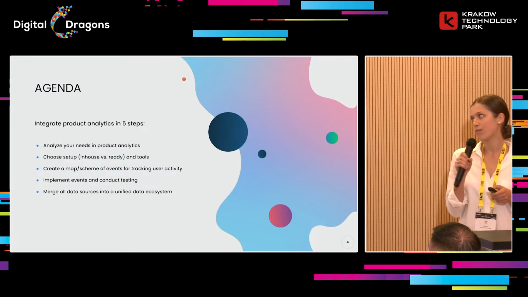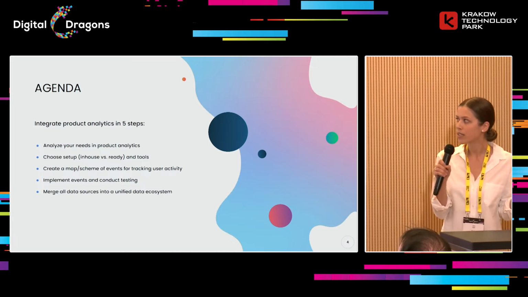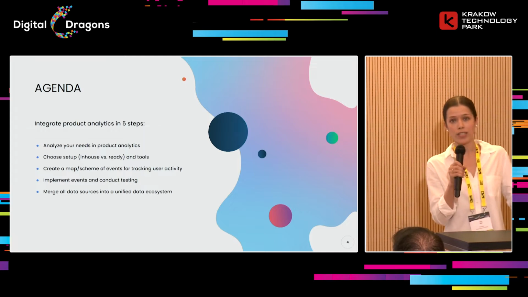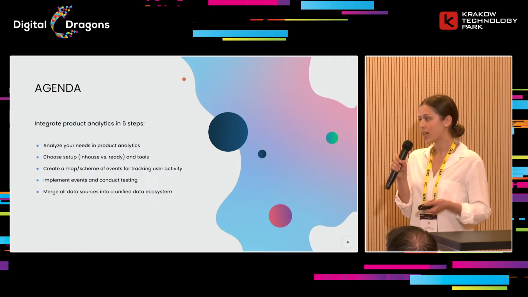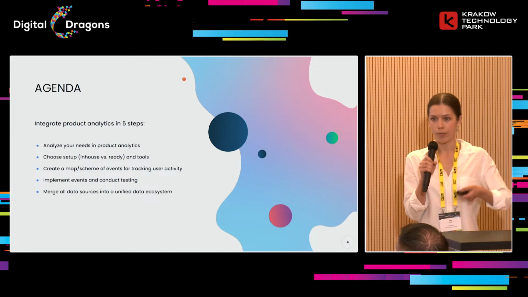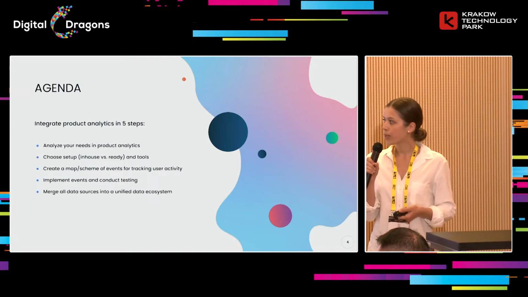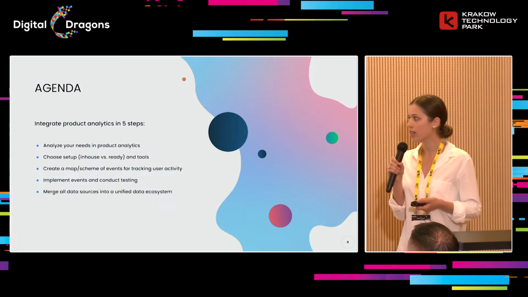Basically, it will consist of 5 steps, which are the 5 steps of integrating product analytics. So first of all, analyze your needs in product analytics, why you need it, what tasks you want to solve with it. Then choose the setup that is right for your current situation, for your budget, for your company structure, for your experience. The next step would be to create a map or a scheme of events for tracking your user activity.